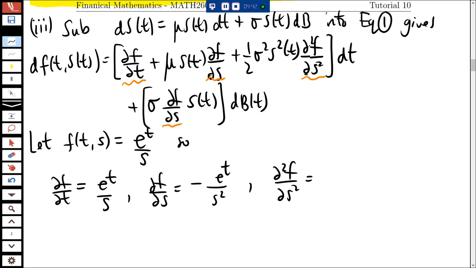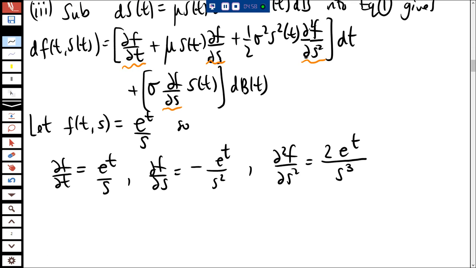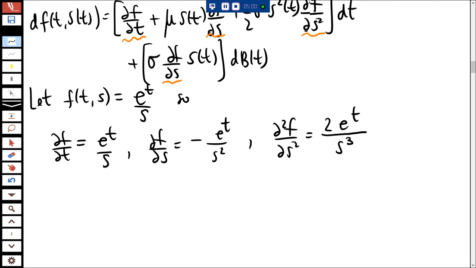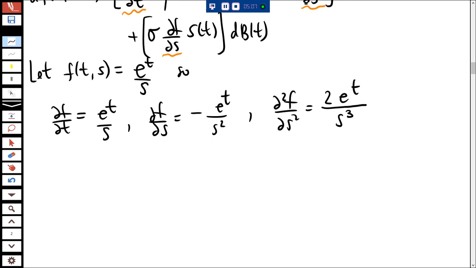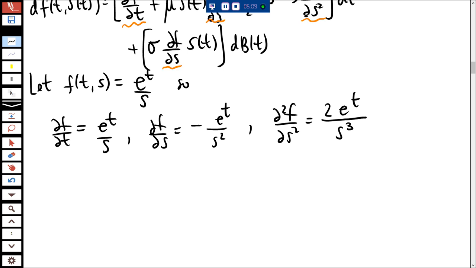And the second derivative: minus s to the power minus 2 gives 2 s to the minus 3, which goes back under, and that e to the t stays where it is. So that's a bit of differentiation. You can assume everyone can do that. I think that was studied in year 1 in Math 102. Okay, so let's substitute them in.